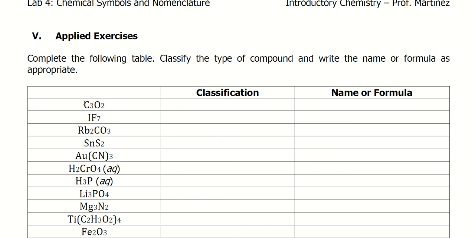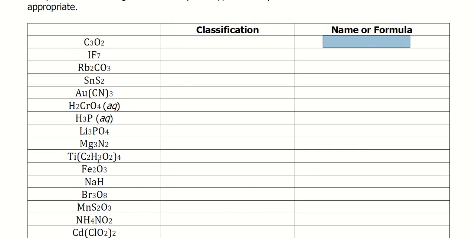Ionic compounds are a metal and a nonmetal, and molecular compounds are a nonmetal and a nonmetal. So you can look at this and say, okay, carbon's a nonmetal, oxygen's a nonmetal, so that means it's a molecular compound, and then go ahead and name it. You're going to do that for all of these.